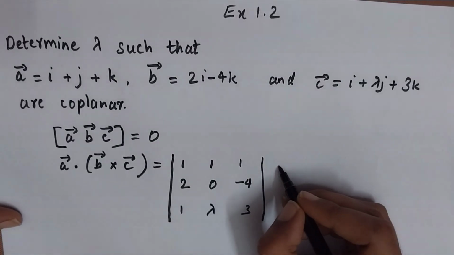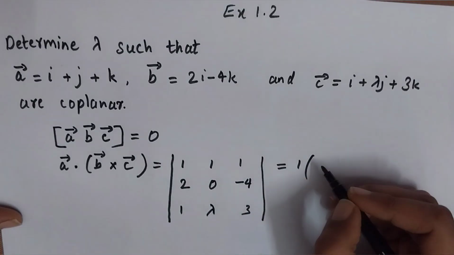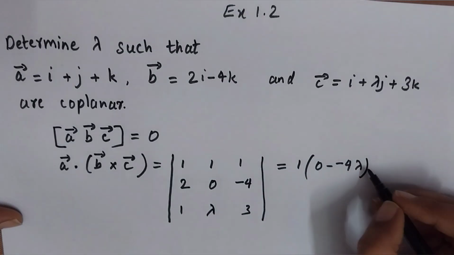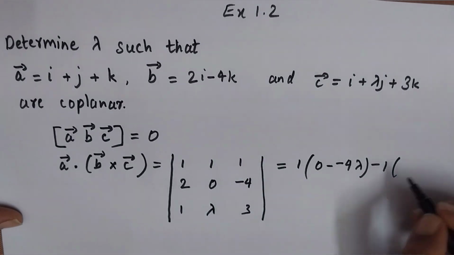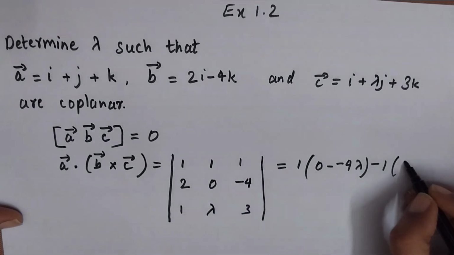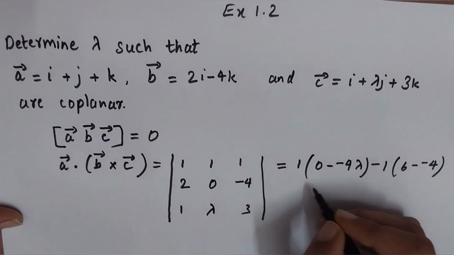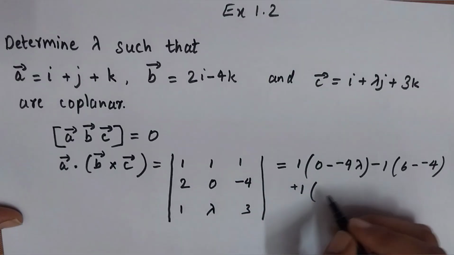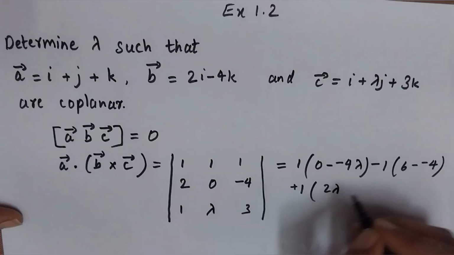Now when you expand this determinant, you will get 1 times (0 into 3 is 0, minus 4 lambda), minus 1 times (2 into 3 is 6, minus 4), plus 1 times (2 lambda minus 0).